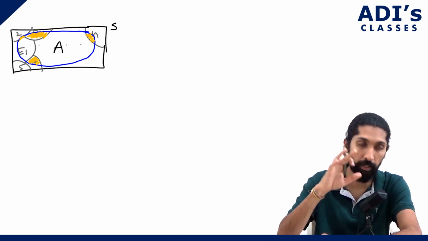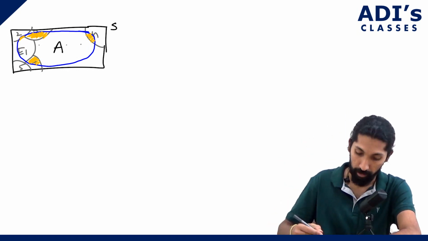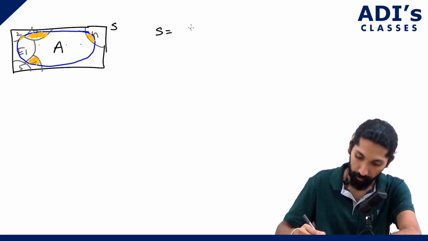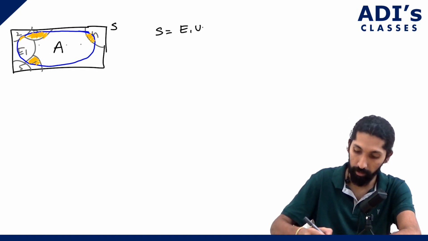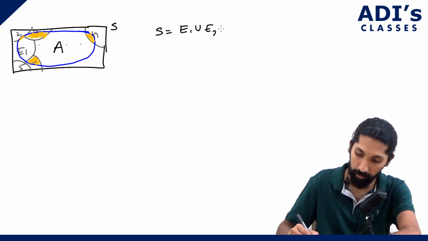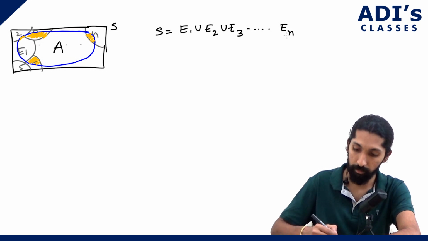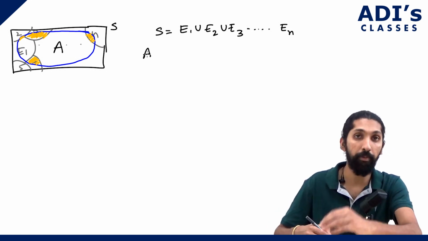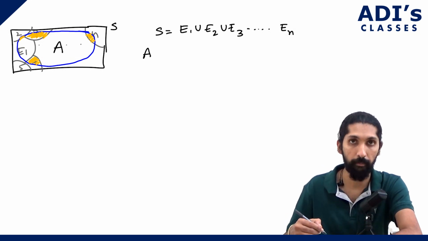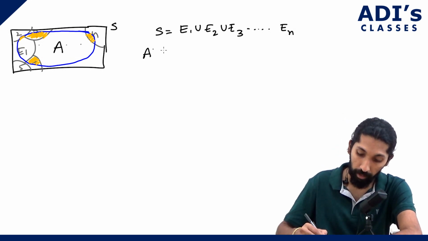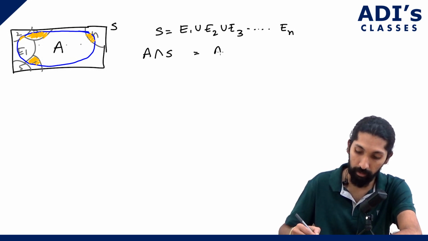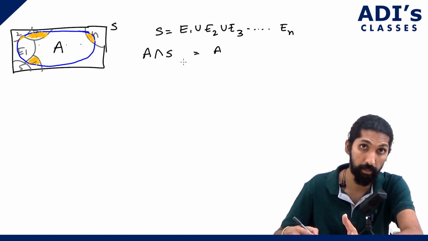Now, let's do the proof. Very simple proof. We start with the sample space. S is equal to E1 union E2 union E3, and so on till En. Correct? Now we know that event A is happening in that sample space S. So A intersection S is going to give us A itself. Makes sense?